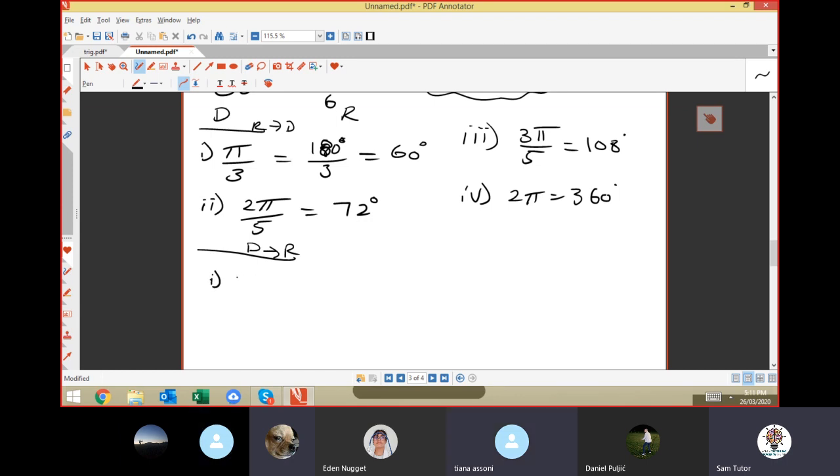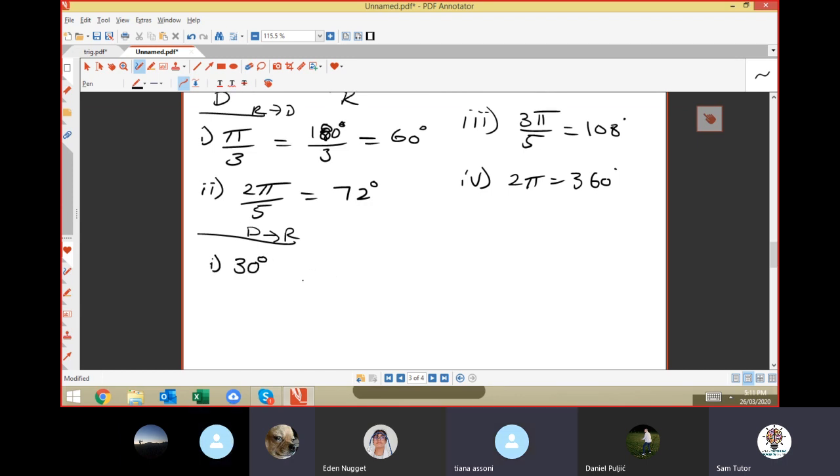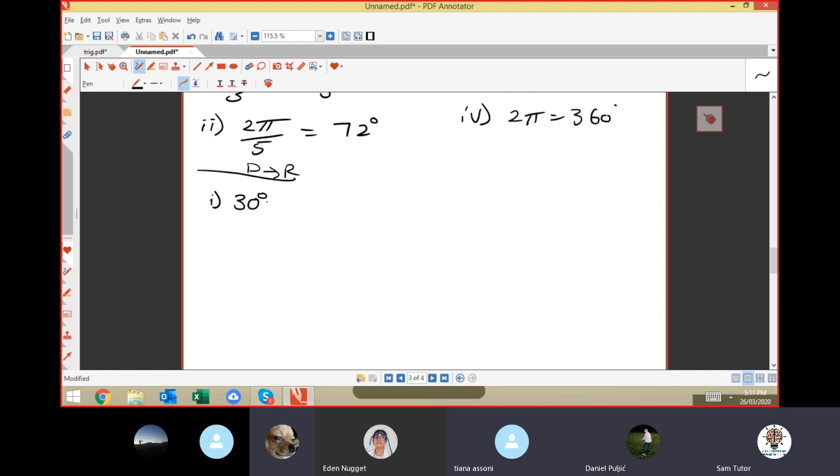30 degrees. The trick with this one is you multiply by pi manually, over 180. On your calculator, you're going to put 30 on 180. That gives it to you as 1 over 6.